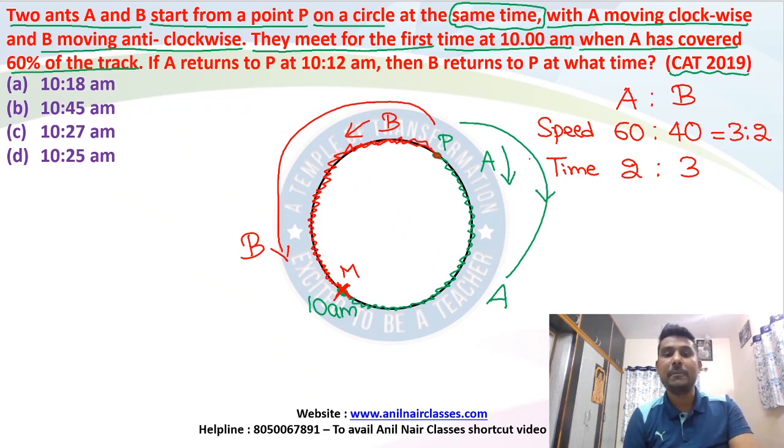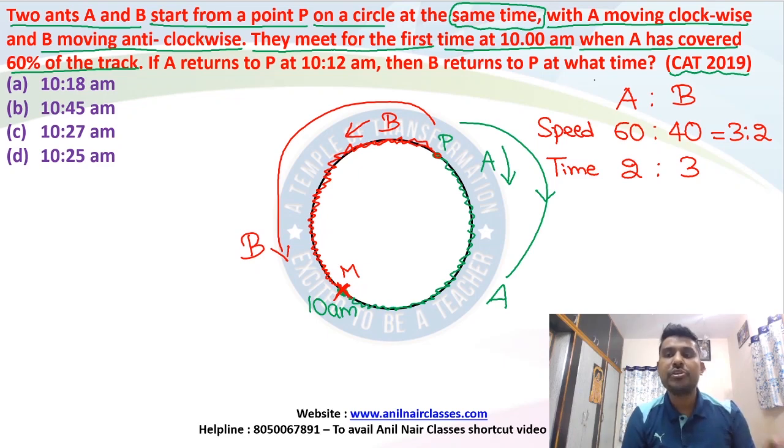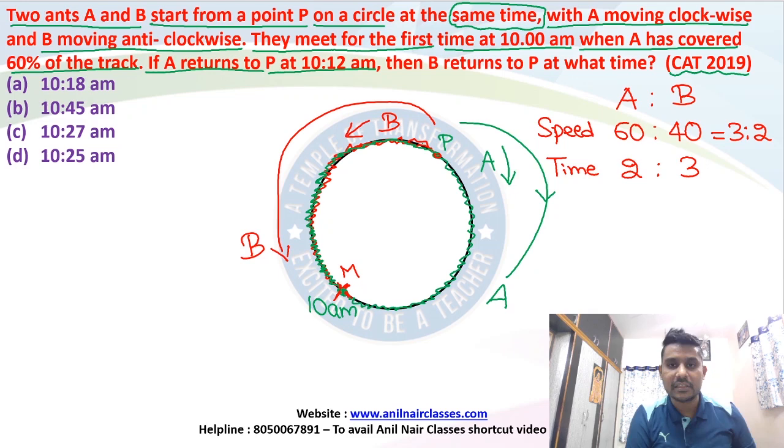Now, the next part of the question says, can I say that ant A has already covered a distance of 60%. Remaining 40% ant has to cover, right? Now think logically. The question also says, if A returns to P at 10:12 a.m., that means right now A is at the meeting point. It will continue to travel in the clockwise direction itself, and it will cover the rest of the 40%, right?